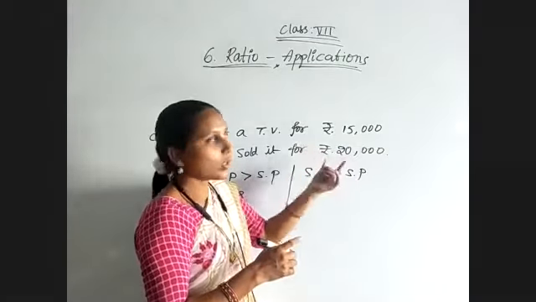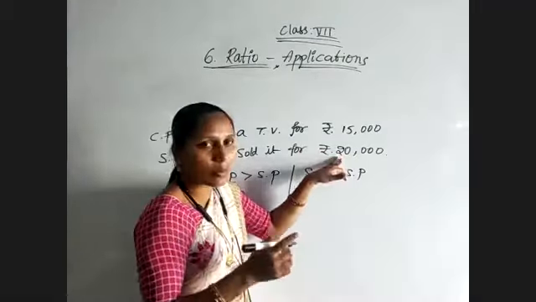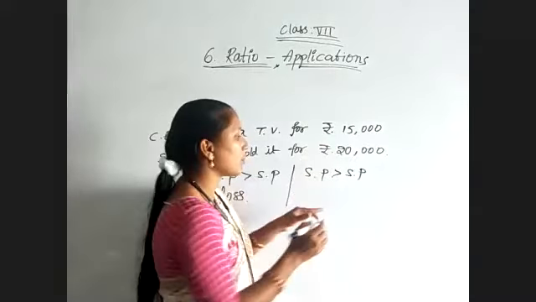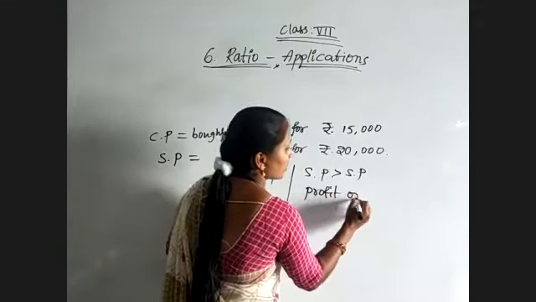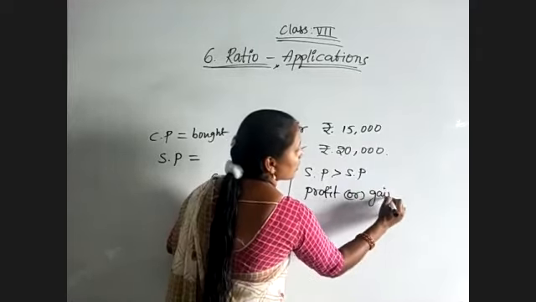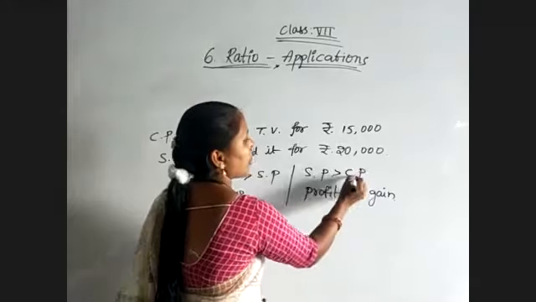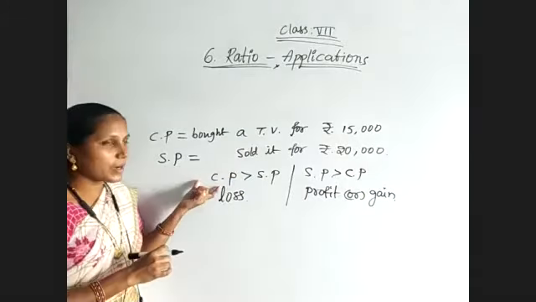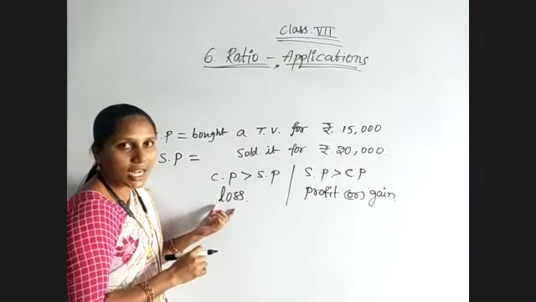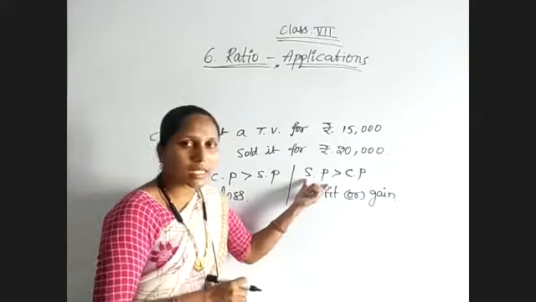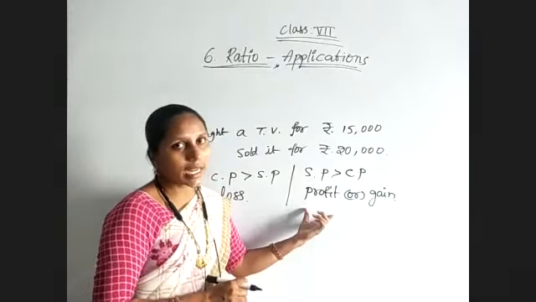So in this case he is getting extra amount. That extra amount is known as profit or gain, when SP is greater than CP. When cost price is more, we will get loss. When selling price is more, we will get profit or gain.